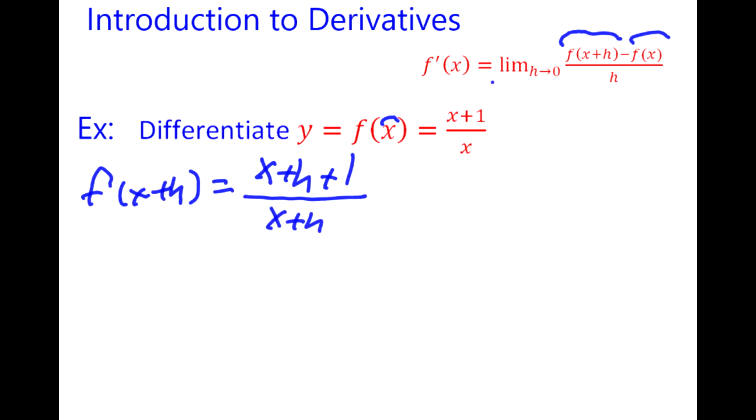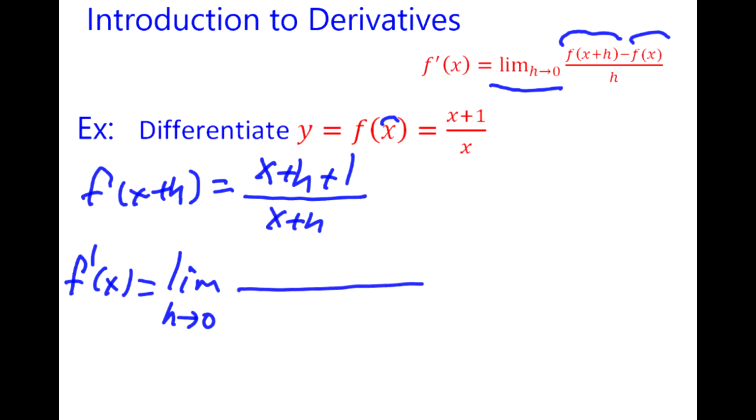And once you apply this formula, then we're going to have f prime of x equal to the limit when h goes to 0.